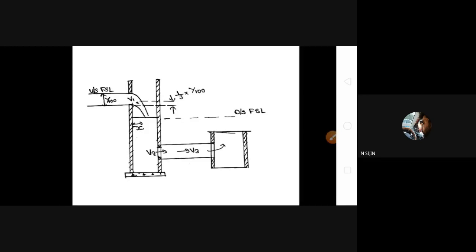In the fourth step, firstly, we need to determine the upstream FSL, which we already determined in the first general consideration. Upstream FSL equals upstream bed level plus FSD. What's the value of upstream bed level?